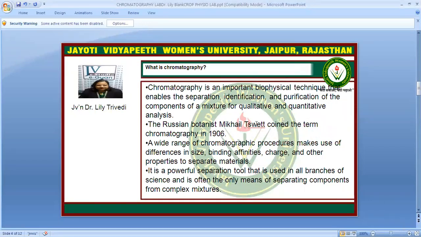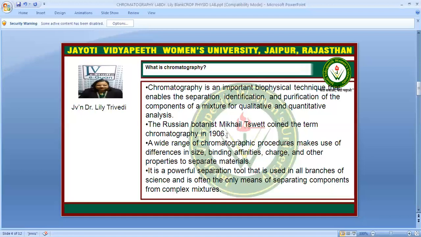Now chromatography is an important biophysical technique that enables the separation, identification and purification of the components of a mixture for qualitative and quantitative analysis. It was first coined by the Russian botanist Mikhail Tswett in 1906.